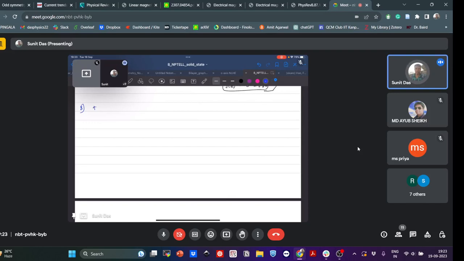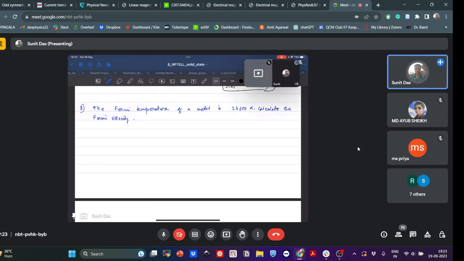Next problem, again very small problem. So Fermi temperature of a metal is 24,600 Kelvin.